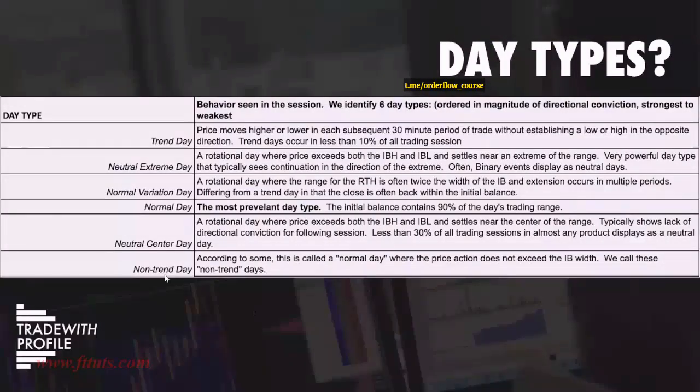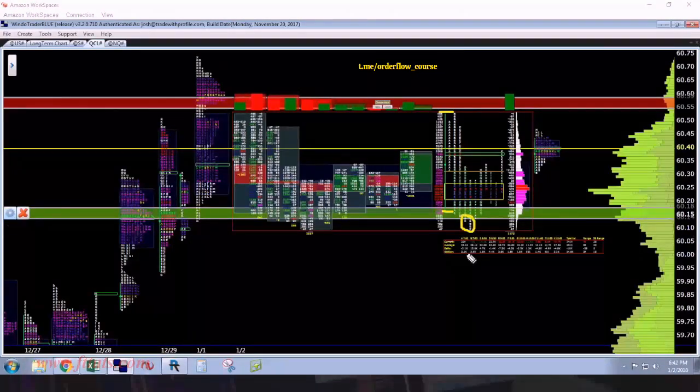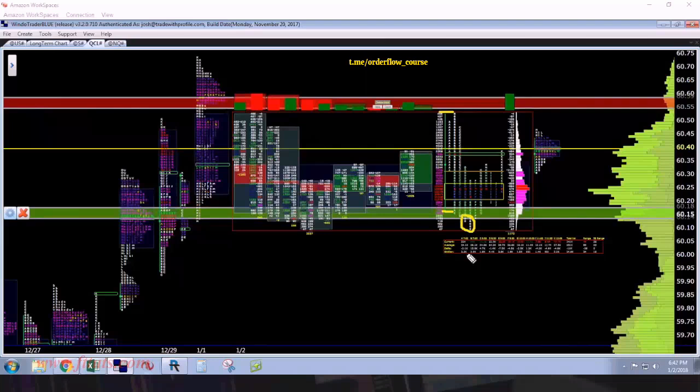A normal day is the most prevalent day type that you can see. We actually just saw one here in crude oil, and that is when you have an initial balance and a bit of extension past that first hour's range. It's a normal day. Some will say that a normal day is where you don't exceed that first hour's range at all.